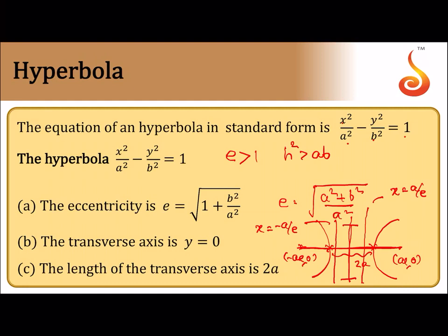So these are the two foci, A comma 0 and minus A comma 0. Directrix is x equal to A by E and x is equal to minus A by E. And this is the center. This is called transverse axis. This is called conjugate axis.